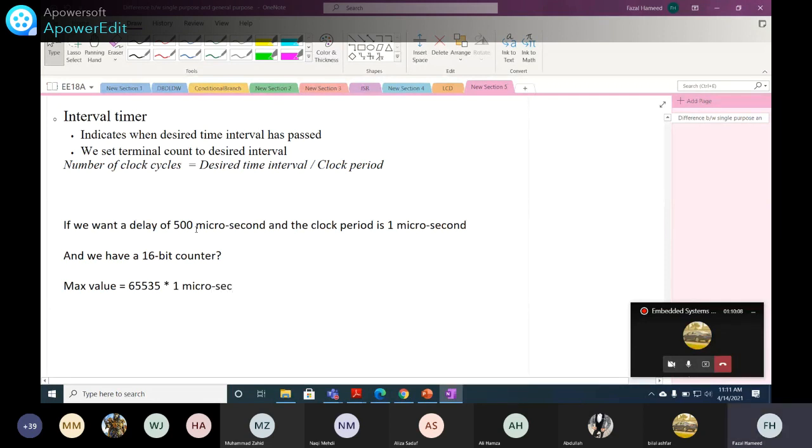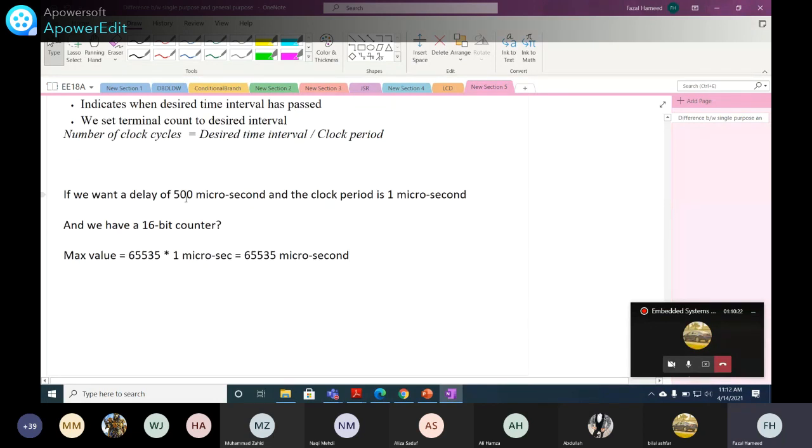What is the maximum delay? But we want only a delay of 500. How can we do this?